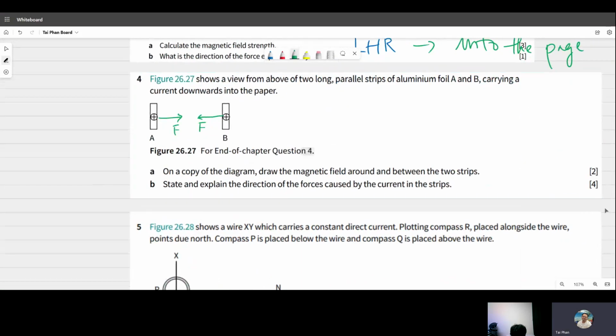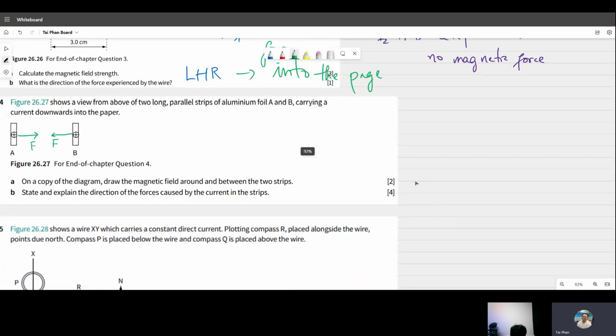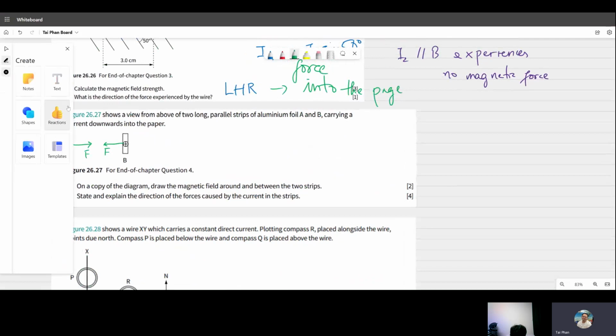Okay, you can explain it in a way like this.